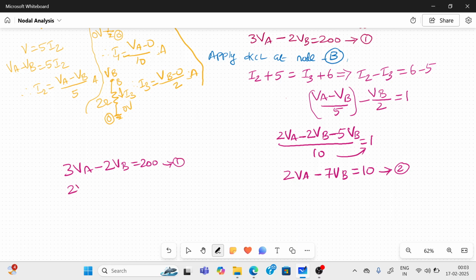Next, 2 VA minus 7 VB is equal to 10, equation number 2. Both equations you can solve by Cramer's rule or elimination method, right? Now the number of unknowns is only 2.